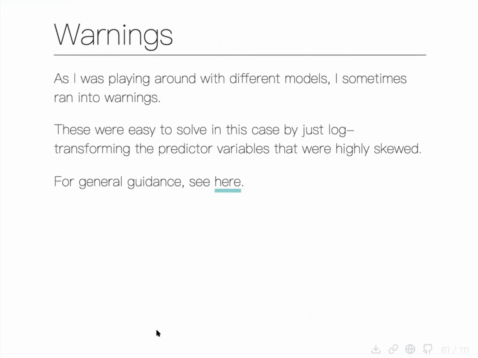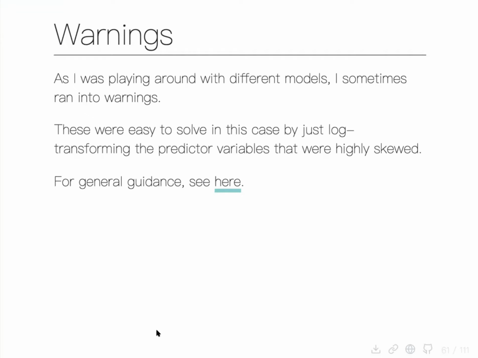As I was putting these slides together, I was playing around with a whole bunch of different models. Sometimes I did run into warnings, and that was really easy to fix in this case by just doing the log transformation of follower counts. I was trying originally to not have us do that so that we could interpret it in a more straightforward way, just saying, as favorite counts go up by 1, then this is the result.